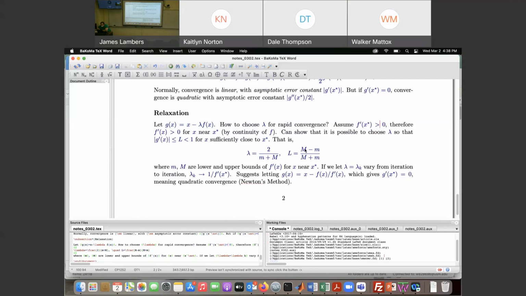So everything being positive, you can see that this constant L is guaranteed to be less than 1, so that there's a bound on the derivative. Although as convergence occurs, these values will get closer together. So the L's will essentially go to 0, which is what you'd expect for more rapid than linear convergence.